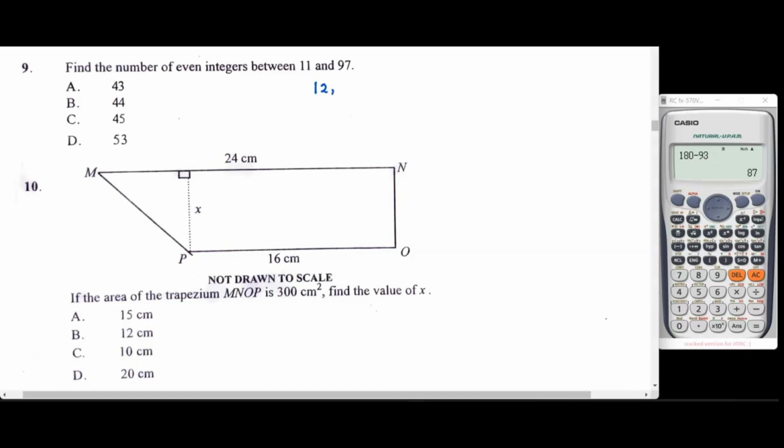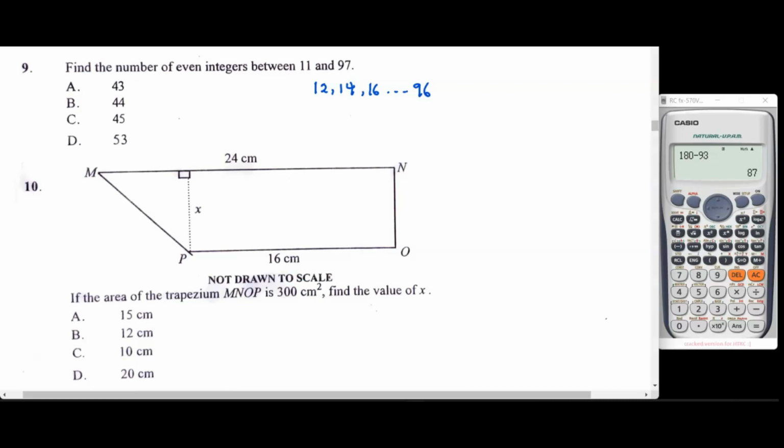And even integers in terms of number pattern differ by 2. So from 12, the next even integer is 14. The next is 16, and it goes all along to the last even integer in this range, and that is 96.